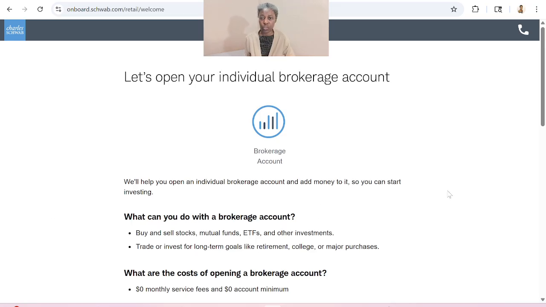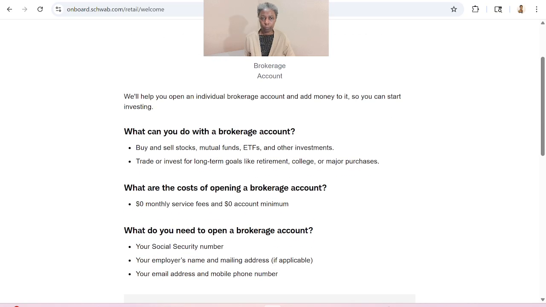When we click on Trust Swap here, the minimum is $0. So you can just open your account with them online, and then after that you can link your checking account to it and start depositing money there to start swing trading. And what is the minimum you can deposit?